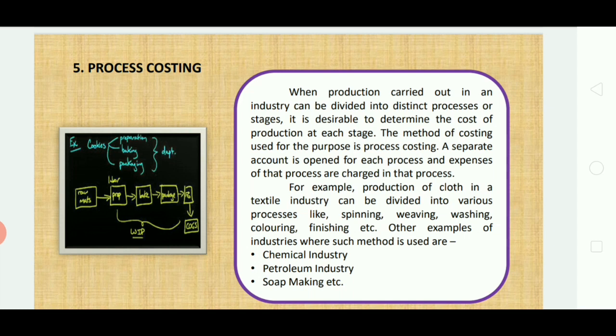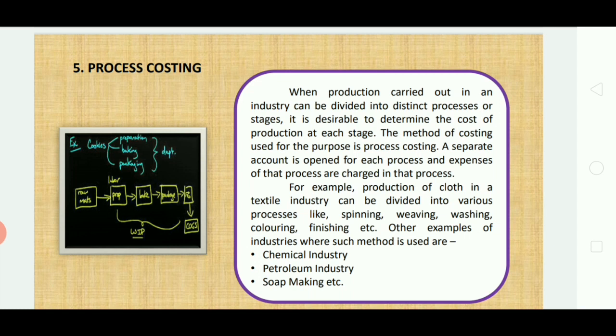Into various processes. Students, read this. Processes like spinning, weaving, washing, coloring, finishing, etc. These are the different processes, and you have to pass the raw cotton through each process one by one. After completion of one process only, you can send that material or semi finished goods to another process.